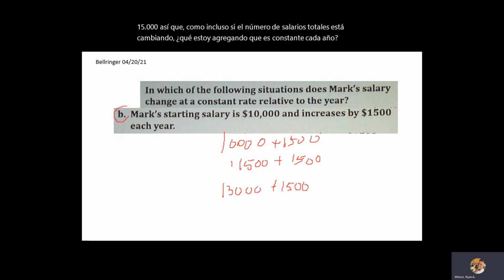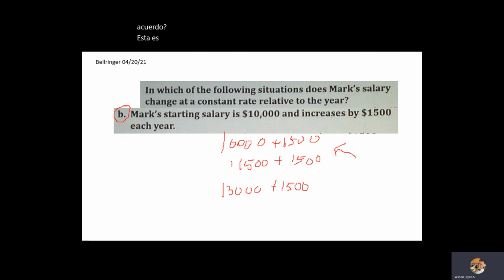So B is going to be the one that's constant because it's the one that's the same. It changes the same exact way each year, okay? This is the reason why. Constant, same. When you hear constant, you should automatically think linear, same change. If it's not constant, it can't be linear.